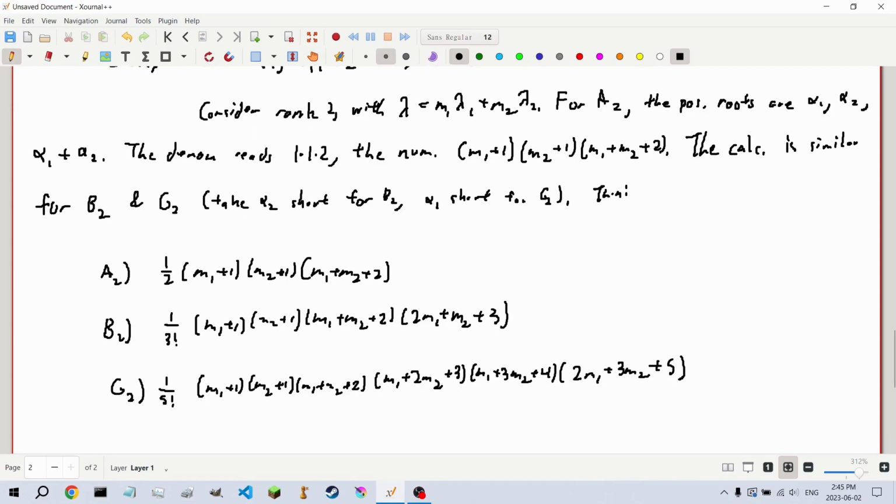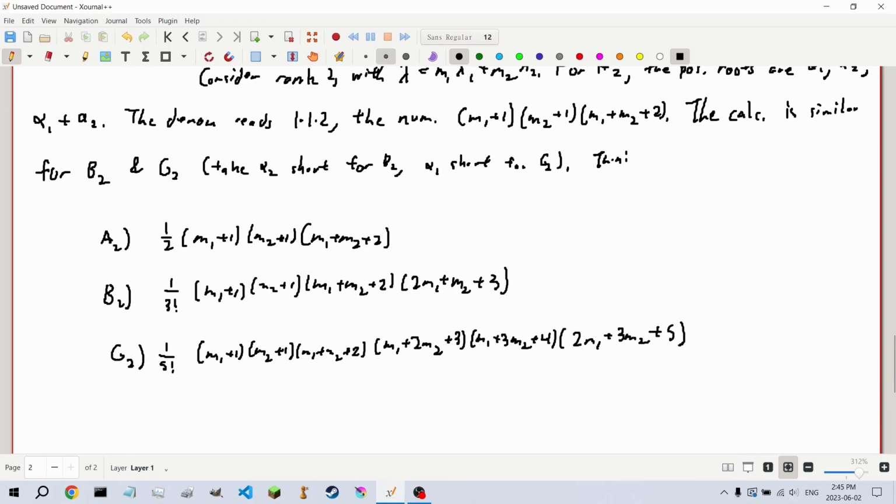And we see that for G2, the degree of lambda 2 is 14, as lambda 2 is 3 alpha 1 plus 2 alpha 2, the highest root.